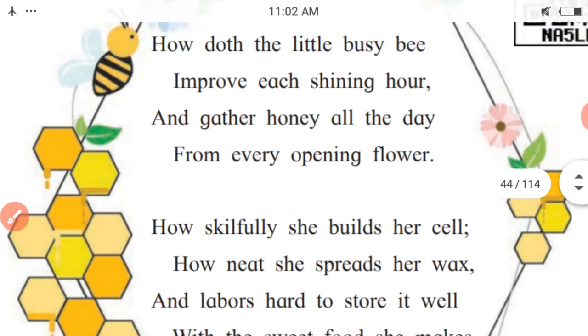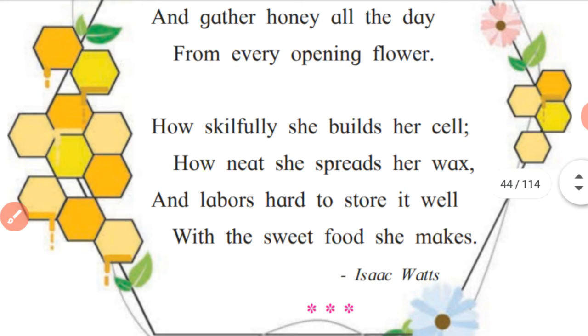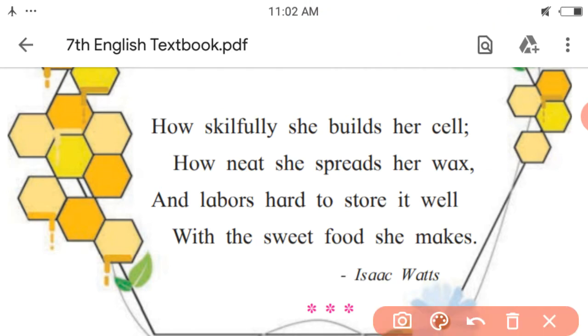In the next stanza, the poet has described some more works of the honeybee. So what is the first one? That is gathering honey, means gathering sweet juice. It is called nectar, from many of the flowers.